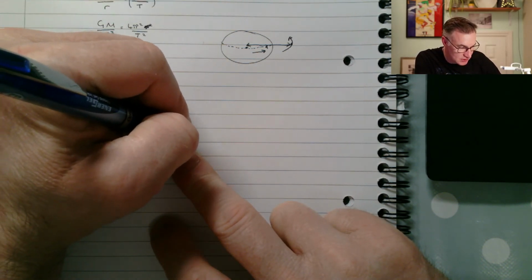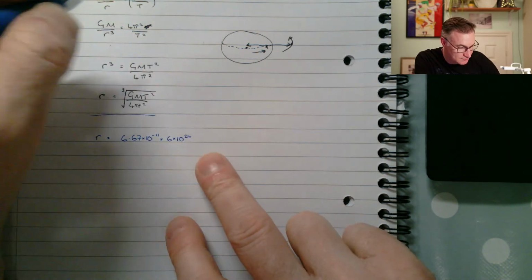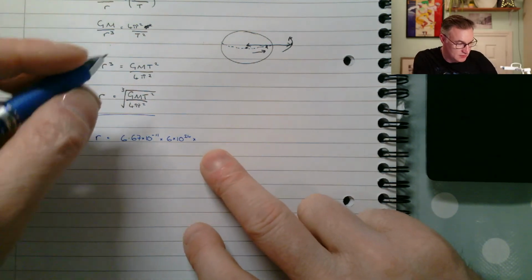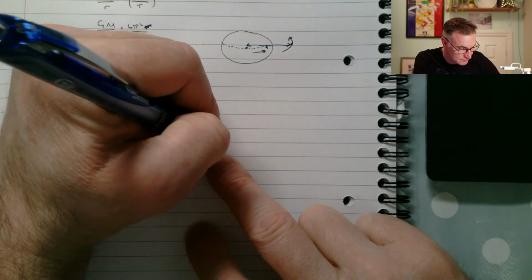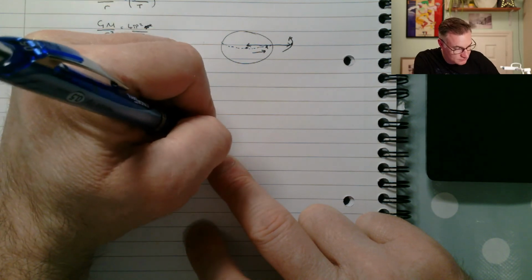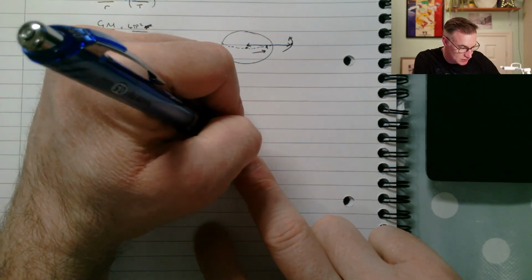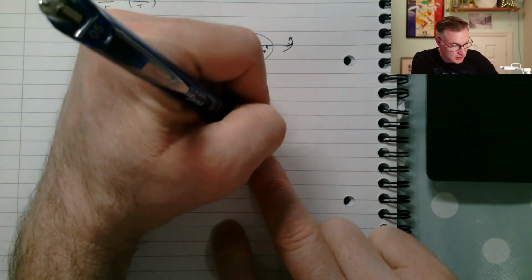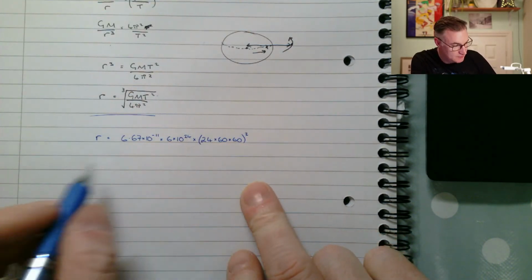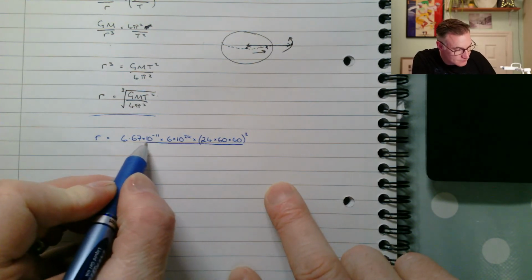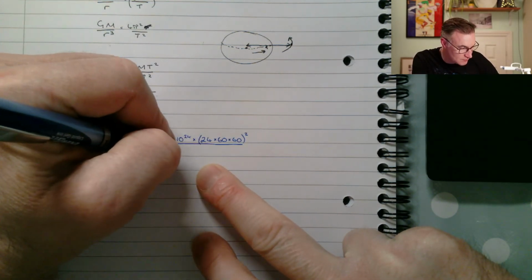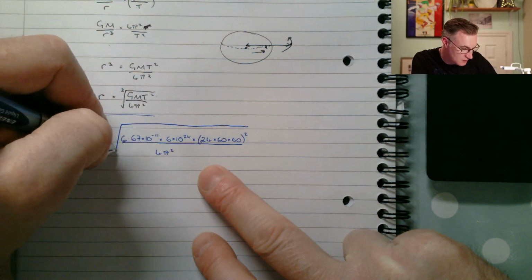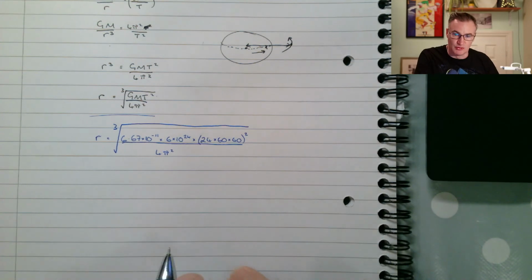So 6 times 10 to the 24, times the period, well, it's 24 hours, times 60 times 60 for the number of seconds in one day, and that would be all squared, all over 4 pi squared, and then we have the cube root of that.